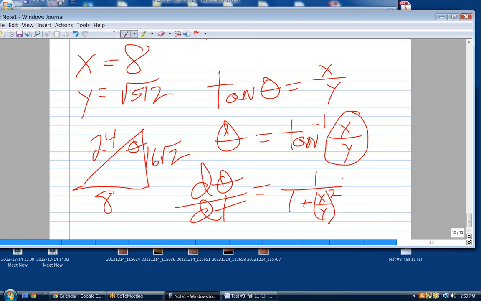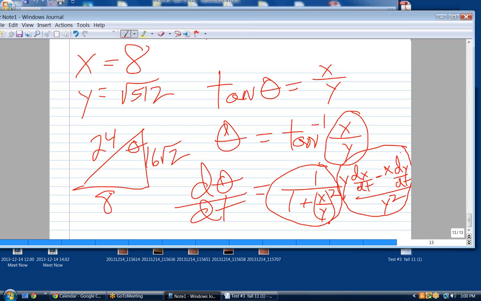It's the bottom times the derivative of the top, minus the top times the derivative of the bottom, all over the bottom squared. So we want to take this and multiply it by that. That is d theta/dt.